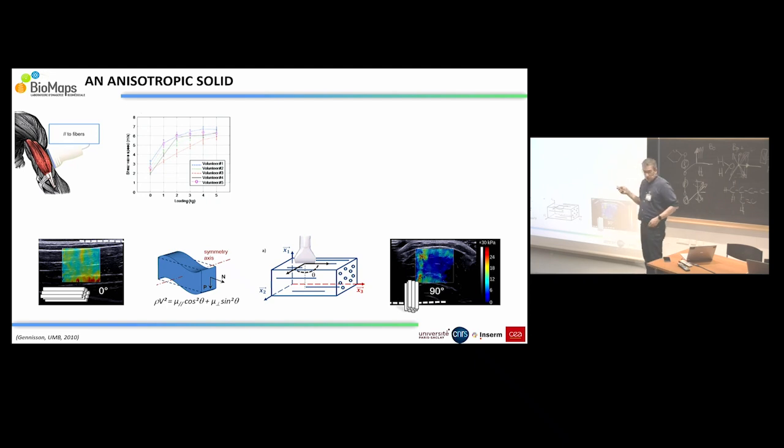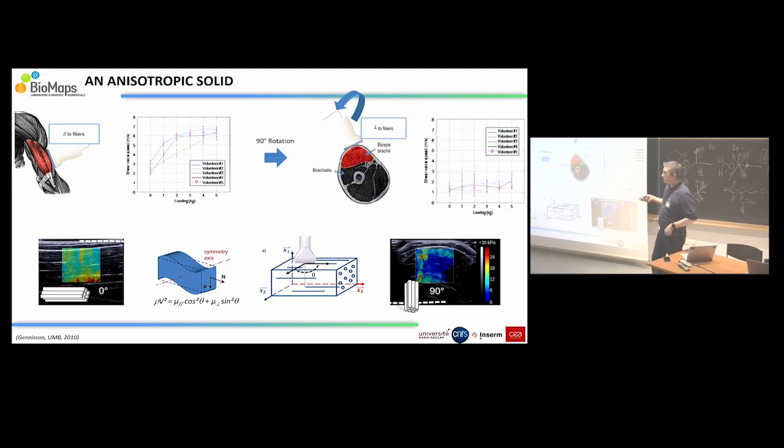And now, if I want to have the anisotropy, I will do the same thing, but I will rotate the probe by 90 degrees. In that case, I will push perpendicular to the fiber, and I will have a propagation of shear wave also perpendicular to the fiber. So I will have another estimation of another shear modulus. And you see here that the speed of the shear wave is smaller than parallel to the fiber, and it increases also a little bit with the contraction.